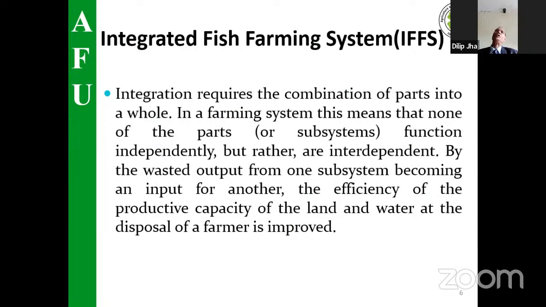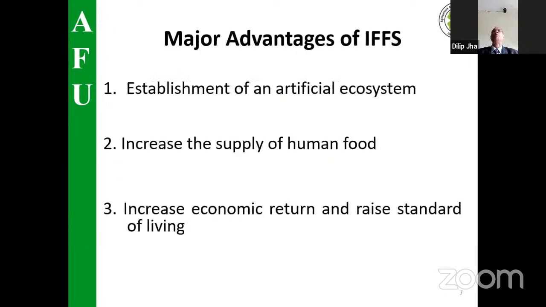So integrated farming systems. Integration requires the combination of parts into a whole in a farming system. This means that none of the parts function independently, but rather are interdependent, with the waste output from one subsystem becoming an input for another. The efficiency of the productive capacity of the land and water at the disposal of a farmer is improved. So what are the major advantages?